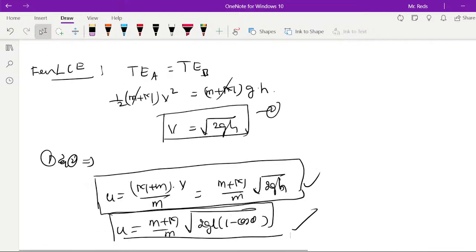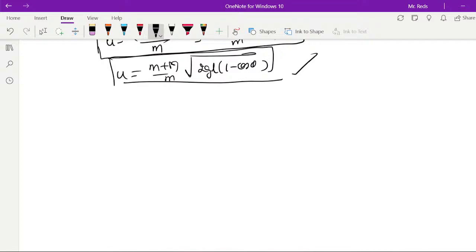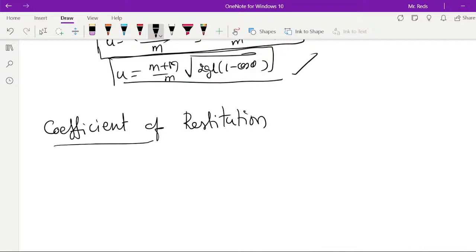Now, what is the coefficient of restitution? Coefficient of restitution is denoted by the symbol e, and it is defined as a ratio. Everyone write this down as a formula.